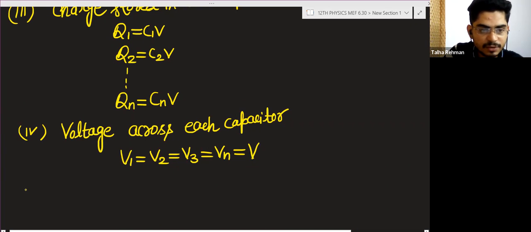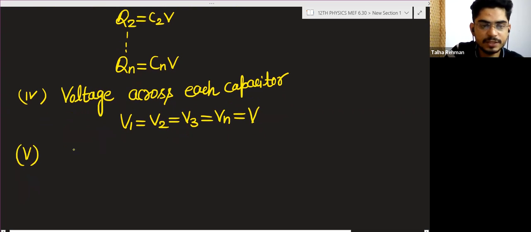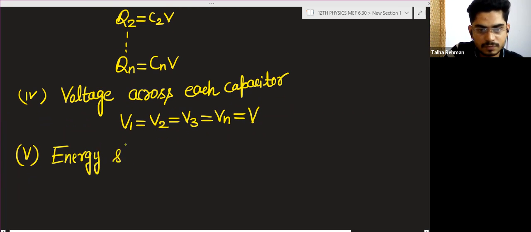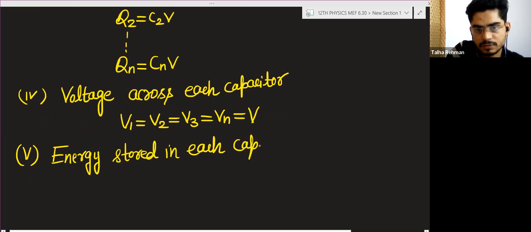If I want to calculate the energy stored in each capacitor.